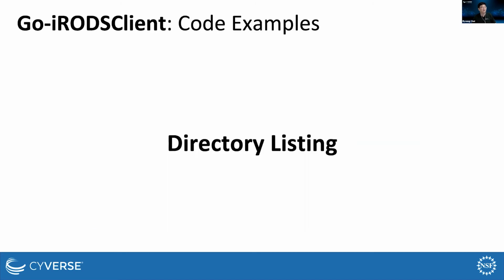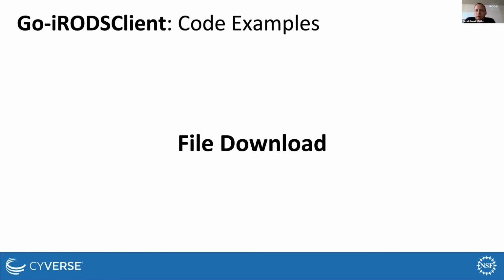So I implemented the protocol from scratch by reverse engineering the Python iRODS client. That's why Go-iRODSClient has a very similar structure as Python iRODSClient, because I reverse engineered it.